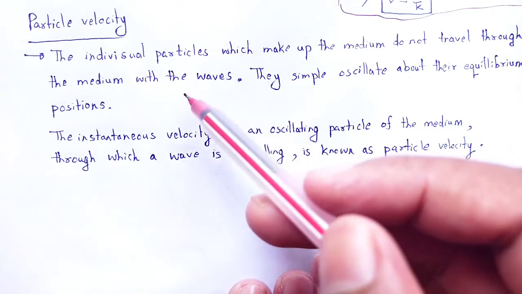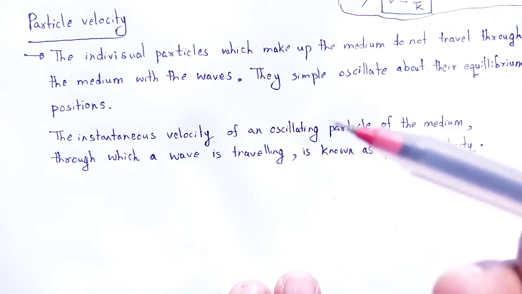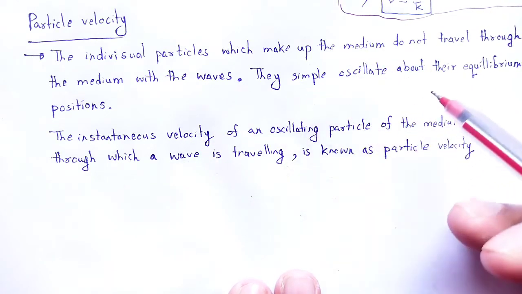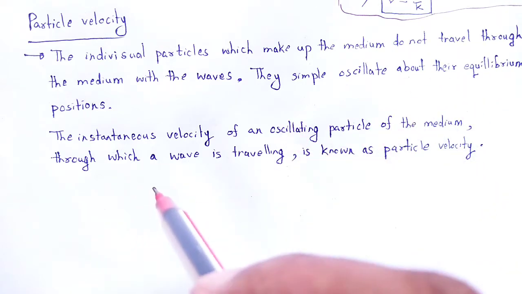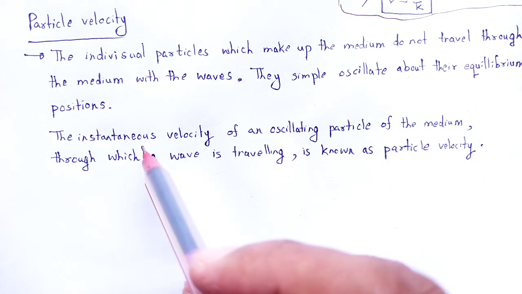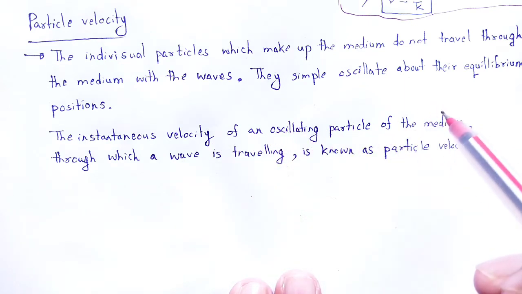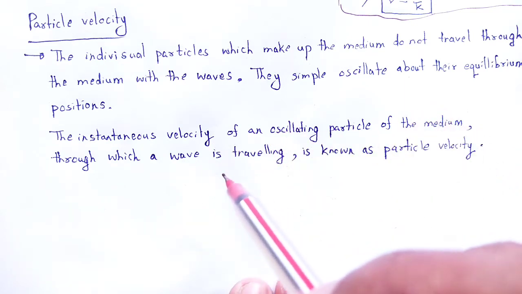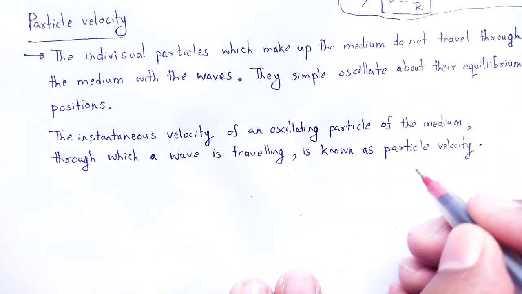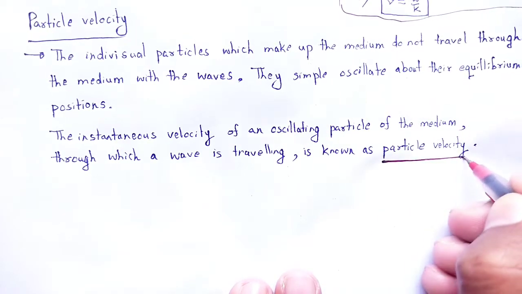So we can calculate the instantaneous velocity of an oscillating particle of the medium through which the wave is travelling, which is known as the particle velocity.